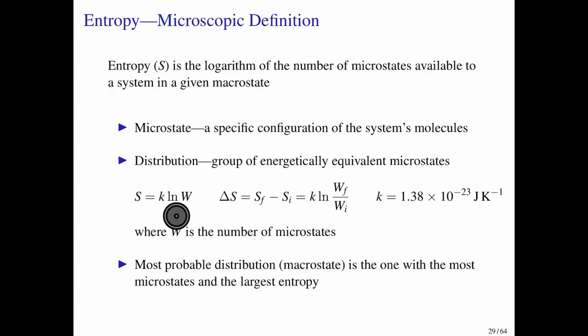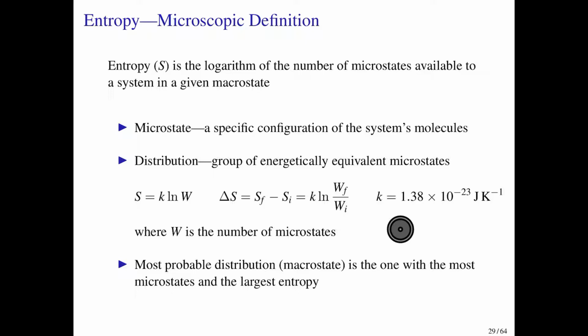To calculate the change in entropy, since entropy is a state function, it'll be the final entropy minus the initial entropy. And if you substitute in this definition, the microscopic definition of entropy, in for S_F and S_I, you can get an expression that looks like this, using the rules of logarithms.